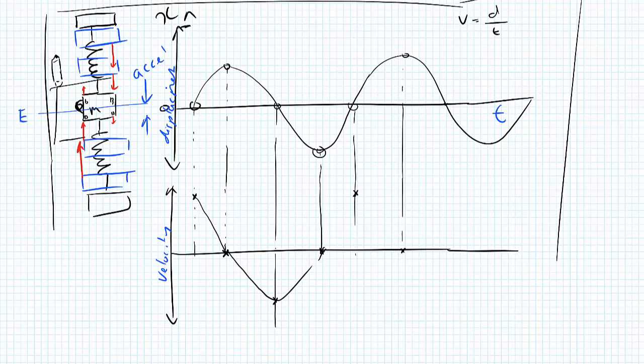Again, maximum negative velocity, so just carry on finishing this curve off. Okay, and again here is where there's a 0 gradient. The 0 gradient right here, so that would be back to 0 here.